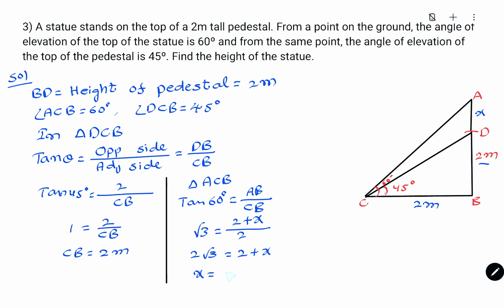So x is 2√3 minus 2. I just wrote the RHS value in LHS, and the LHS value in RHS. So we found the height of the statue, 2√3 minus 2. Here take 2 common: 2 into (√3 minus 1).